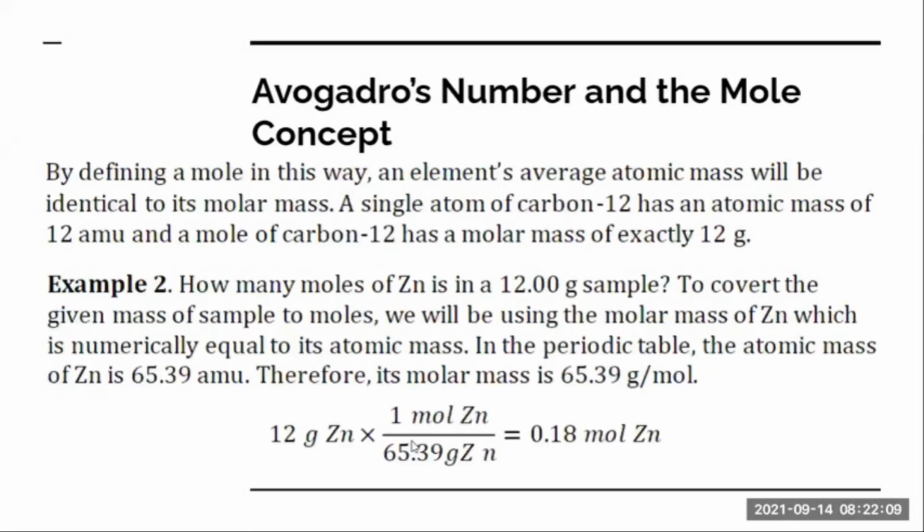By defining a mole in this way, an element's average atomic mass will be identical to its molar mass. So a single atom of carbon-12 has an atomic mass of 12 atomic mass units, and a mole of carbon-12 has a molar mass of exactly 12 grams.